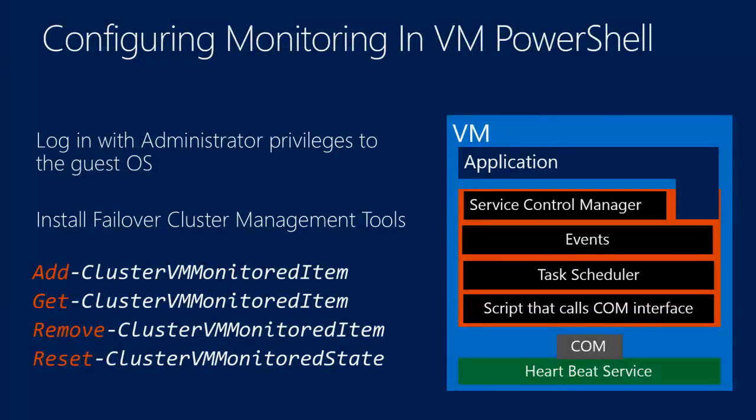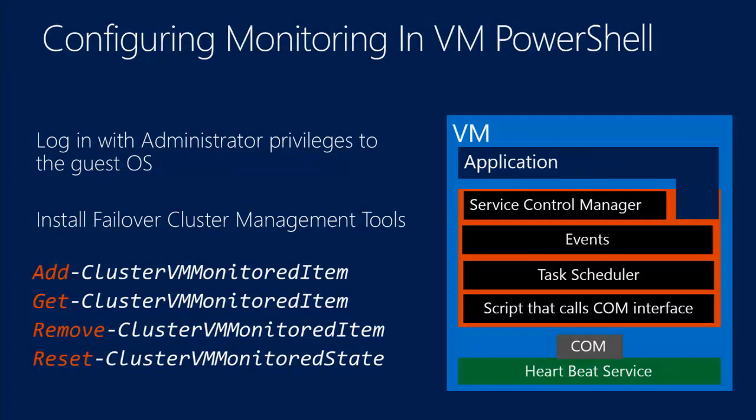If you monitor a service, basically what we're going to do is wait for the service control manager to tell us that the service failed, and then we will take that event. We use task scheduler tasks to monitor for those events, and then we have a script that task scheduler calls to call the COM interface to set that toggle.